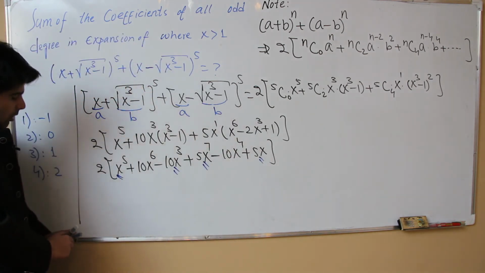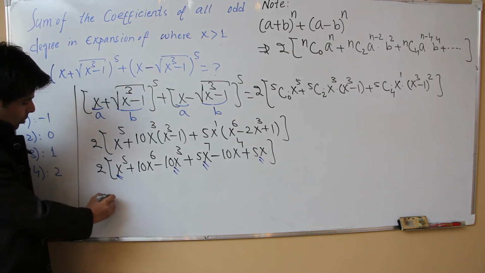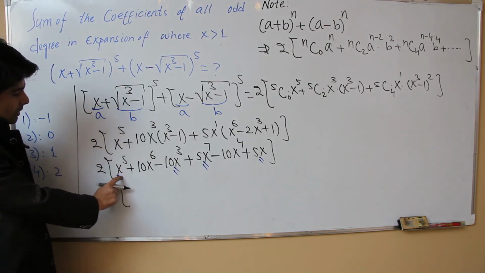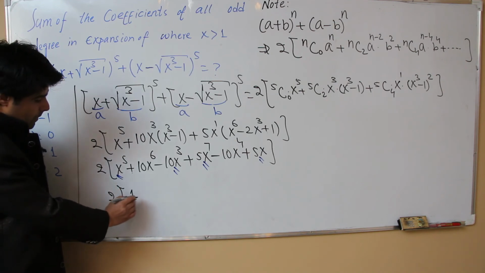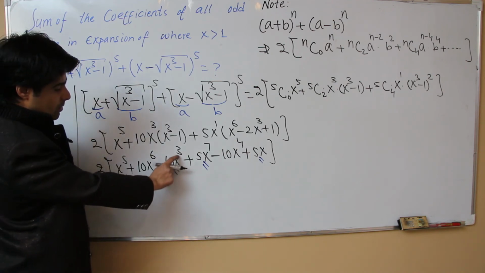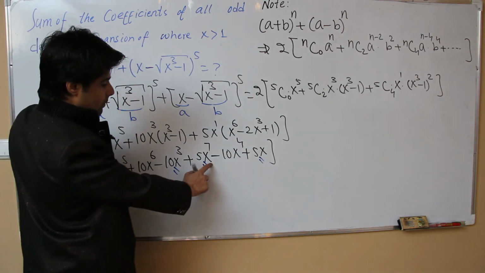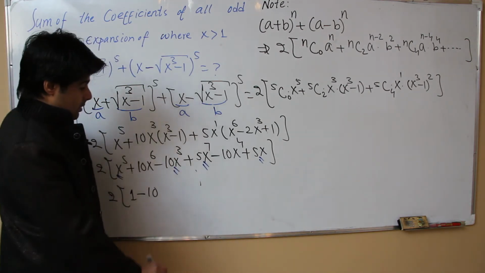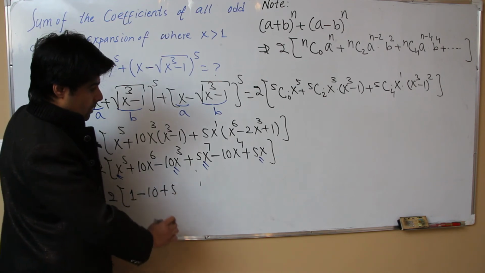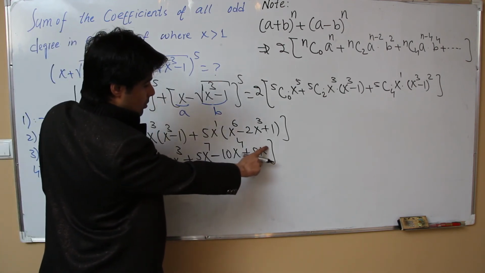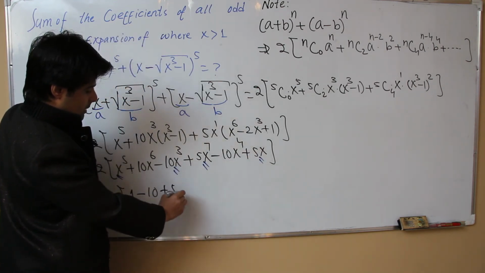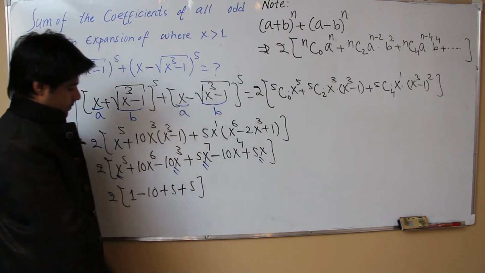So, what are the coefficients? The coefficient of this one is 1. The coefficient of x cubed, it's minus 10. The coefficient of x to the power 7, it's plus 5. The coefficient of x to the power 1, it is plus 5.